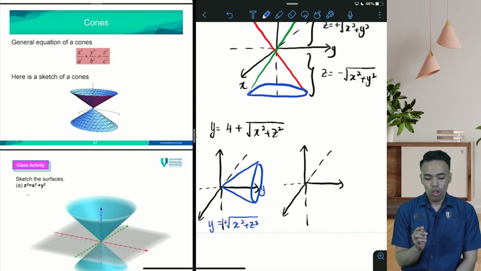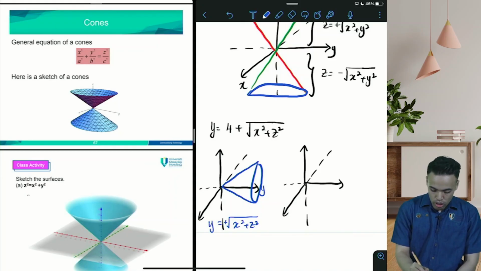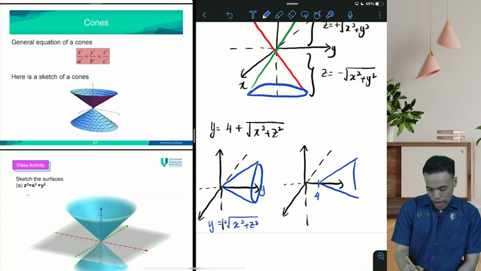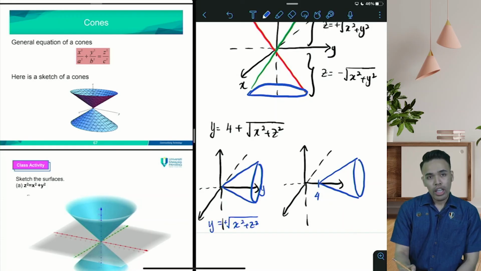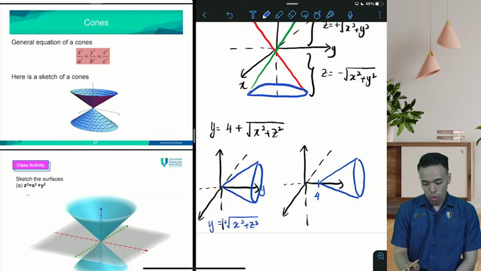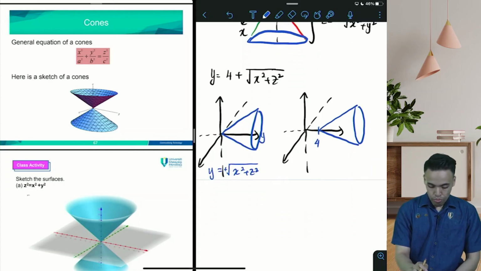Therefore, 4 belongs to the subject of the equation. In this particular question, y is equal to 4. Therefore, you will end up with a cone, and this cone moves along y is equal to 4 units on the positive y-axis.